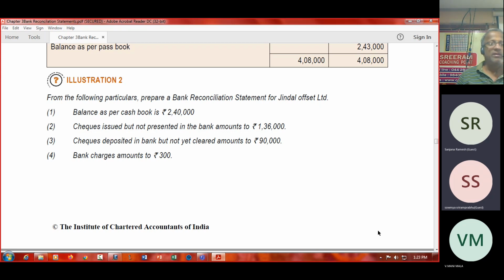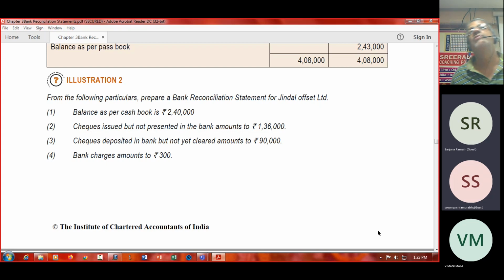Bank charges will find place on the debit side of the passbook because it is an item of expenditure.